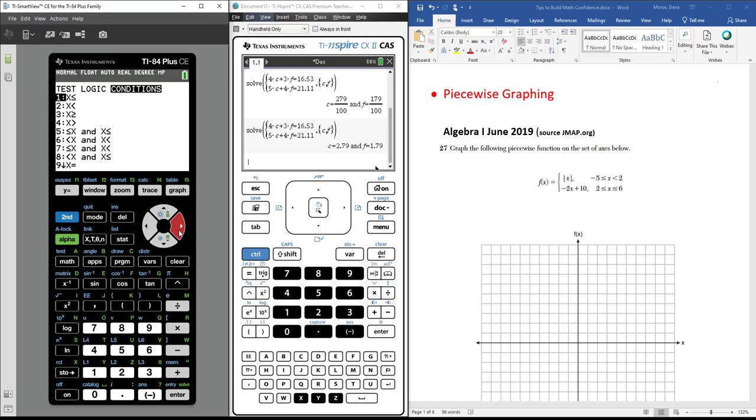When you arrow over to conditions, every possible condition is built in. I need x is greater than or equal to, but less than. Greater than or equal to, but less than. That's number 7. I match it up. And I put in the 2. Right arrow, negative 2x plus 10.